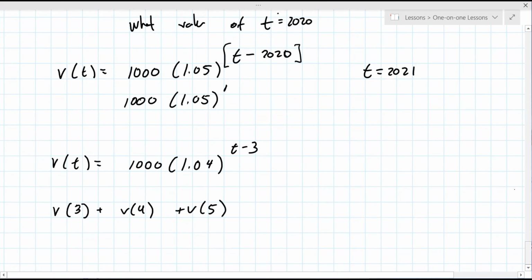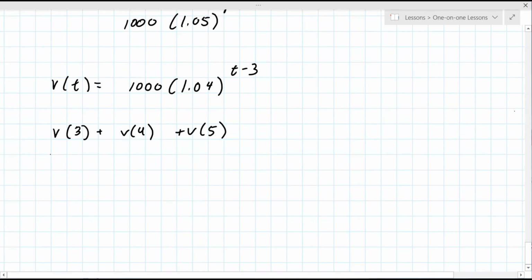Like they word it in such a way that they want you to calculate it in the base year, the next year, and then the next year. And it seems really hard. Like it seems like, oh, I can't do that, I don't have a calculator. But if you see, 3 gets you to this being what? What is this part when t equals 3?